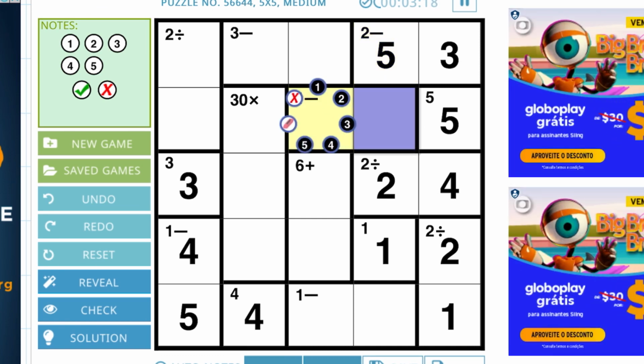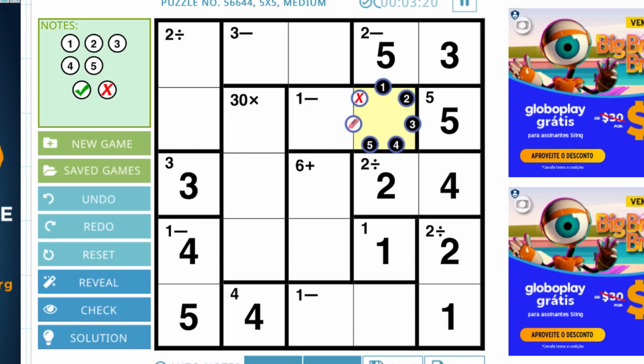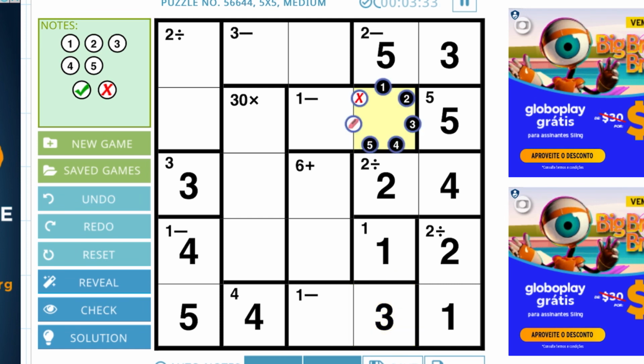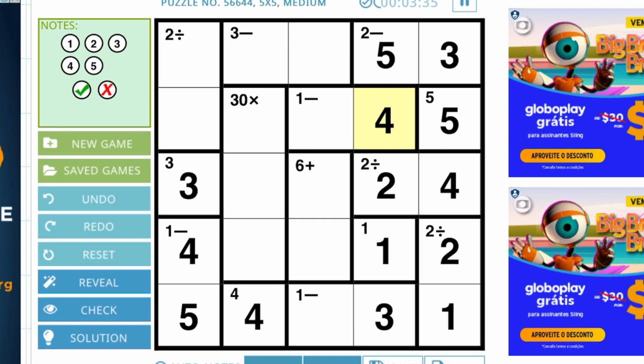4 and 3 are missing from here, and they're the only two that have the ability to subtract to 1. But we also know that 3 and 2 are missing here. So, this is going to be a 3, and this is going to be a 4.